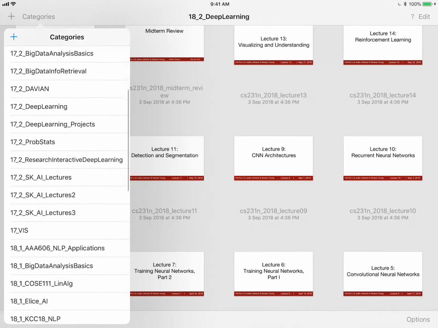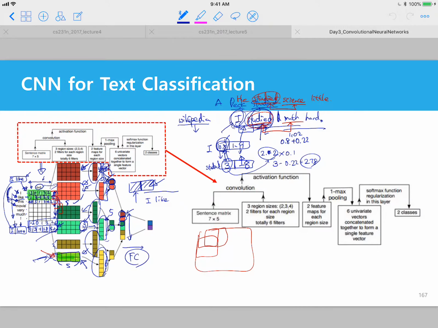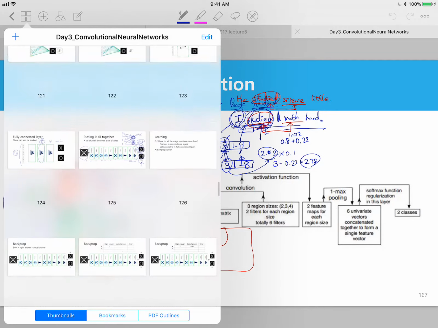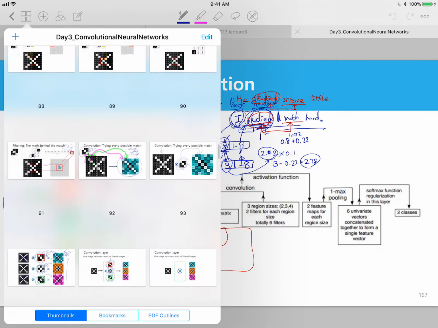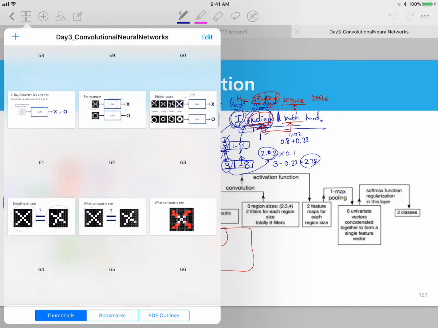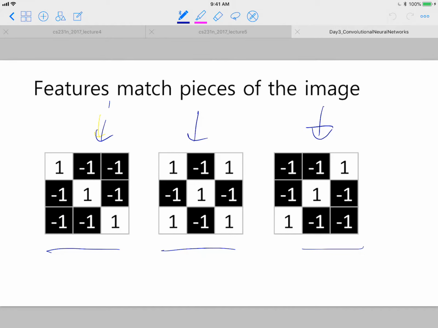So let me give some example. I should have started with this simple example, but suppose we prepared these 3 different filter patterns, right?